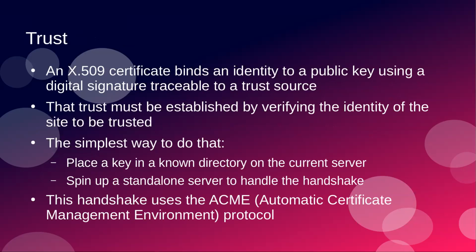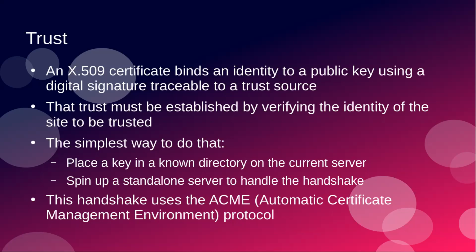The simplest way to establish that trust, in this case to issue the certificate, is to place a key in a known directory on the server, or spin up a standalone server to handle the handshake.